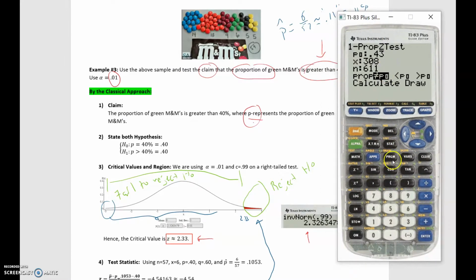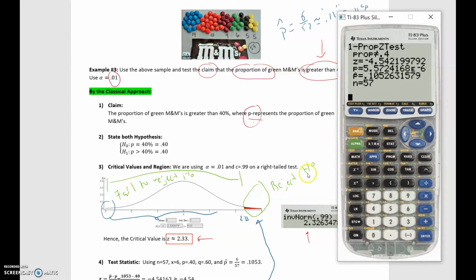What I'm inputting here is all the information. Your p naught is 0.40. Your x is equal to 6, and n is equal to 57. For additional problems, they may be asking for the p-value, so make sure you highlight that portion, and then your answer is going to be here.